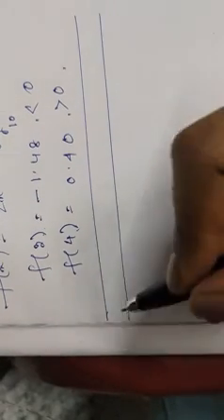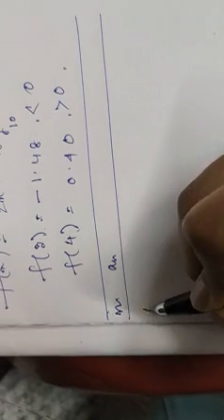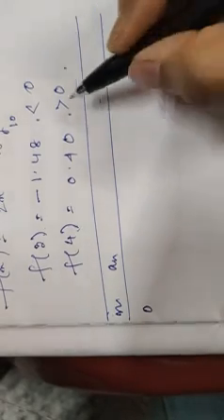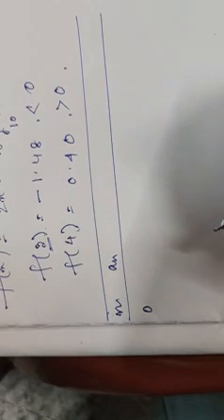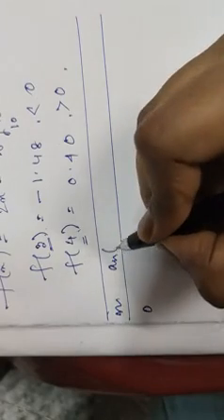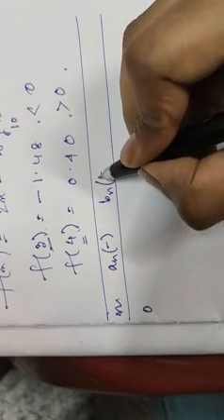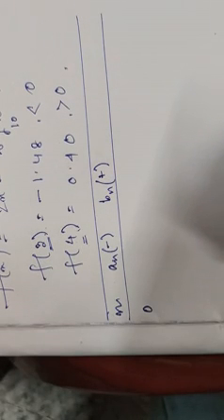So, making the table, first is n, then an. Initially, for n equal to 0, we take a0, b0, which are 3 and 4. a0 is negative, so put the negative sign here, and bn is positive, so put the positive sign here.